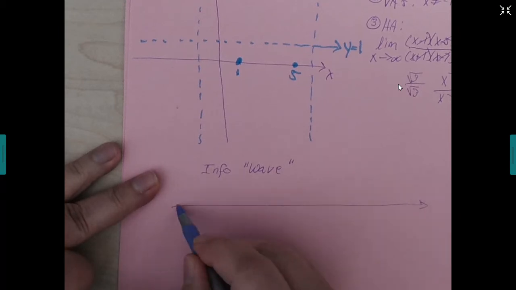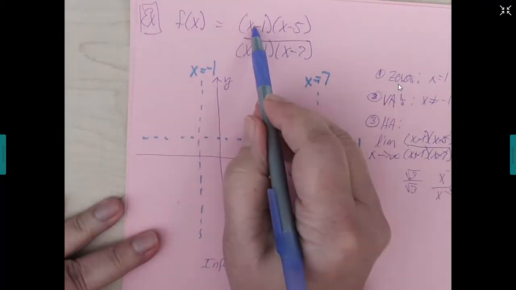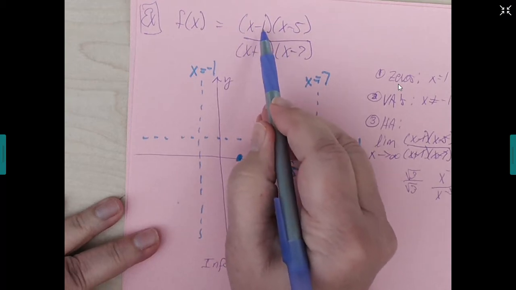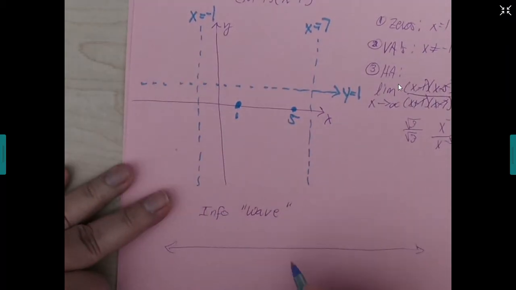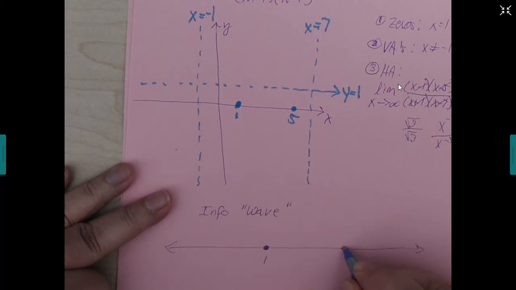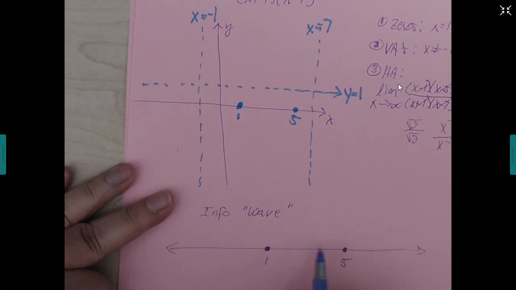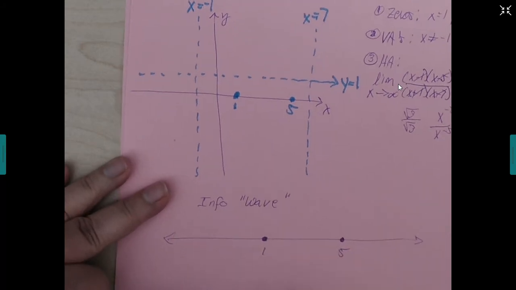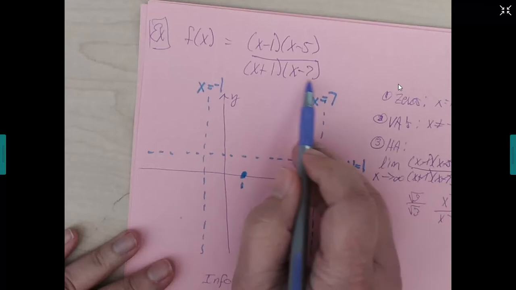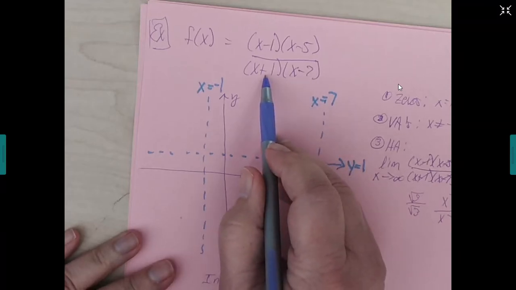So draw yourself a number line. Mark the zeros on there. So there's one at 1 and one at 5. So I do zeros represented by a dot. Okay, and then the verticals, I put an X there because it's not allowed to be there.